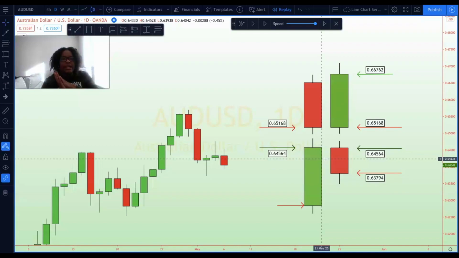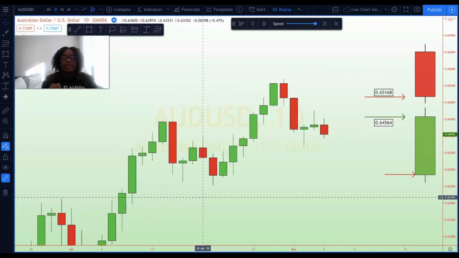But let's actually apply it to the price charts. Now, as we're applying it to the price charts, we need to go over something very important, which are your time frames. So time frames are very important because they represent a candle per a given time period. If you're analyzing multiple time frames, and we're just going to use the daily and the 4 hour as our example, my daily time frame candles are bigger than my 4 hour candles.